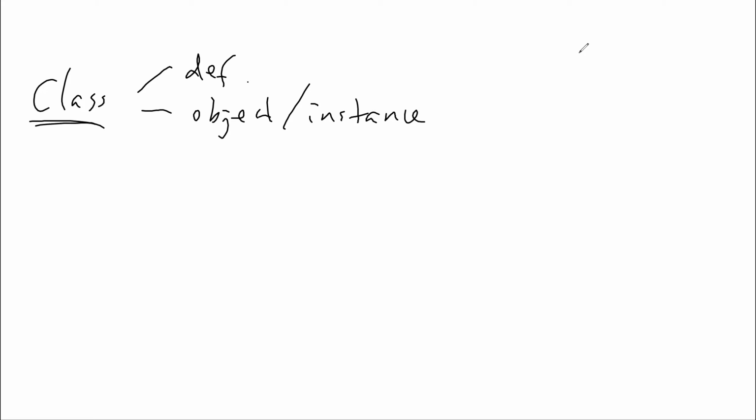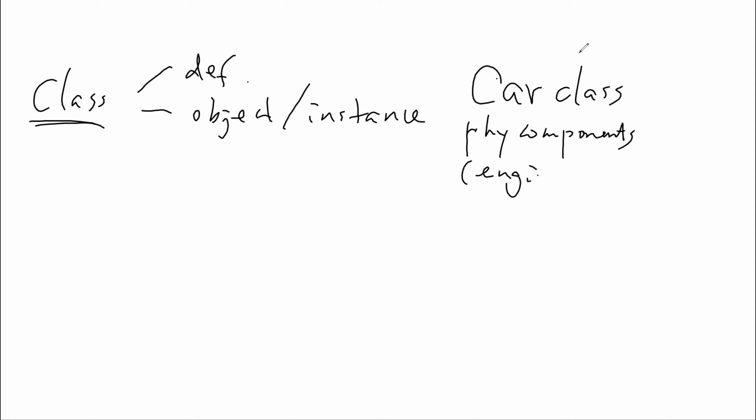So what we are going to discuss is customized classes. We create our own class, like Scanner. Just think about your car. Suppose car over here is a class. That car class has some physical components, like its engine, a wheel, and something else.